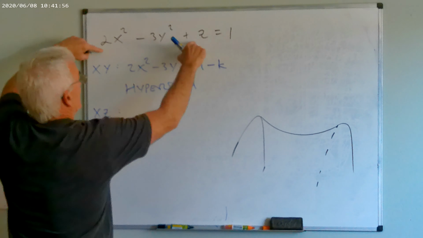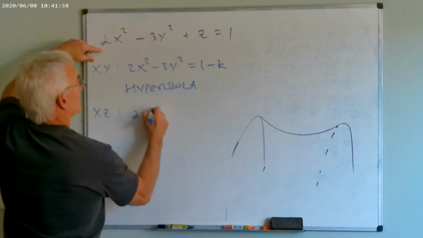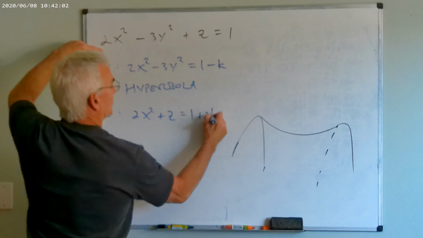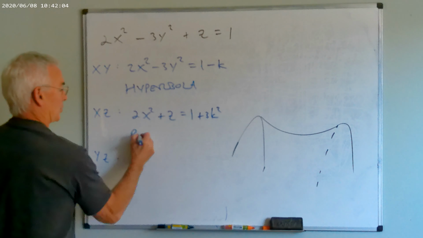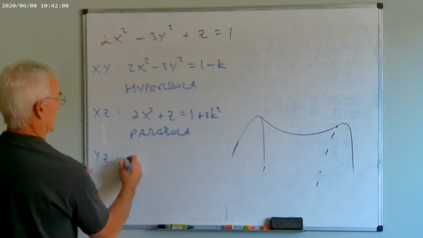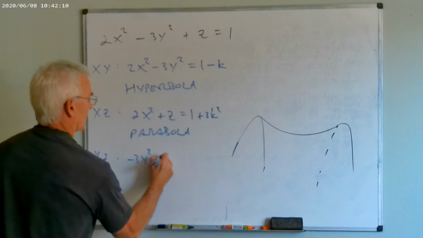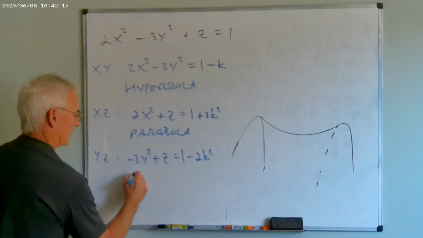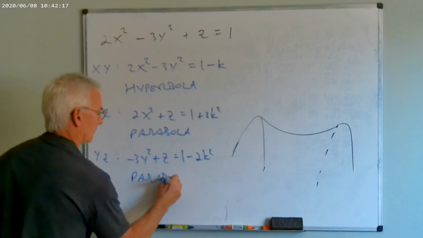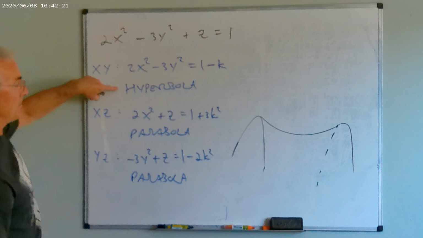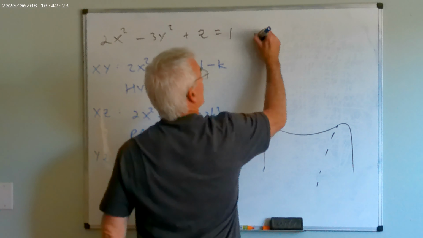In the xz plane, 2x squared plus z equals 1 plus 3k squared. That's a parabola. And in the yz plane, negative 3y squared plus z equals 1 minus 2k squared. That's again a parabola.